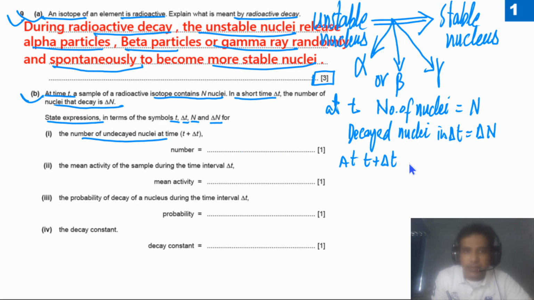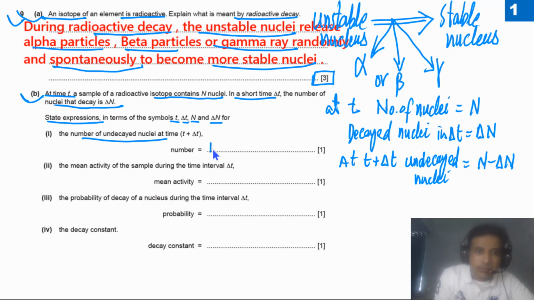We need to find out undecayed nuclei. So this is simply N minus delta N. Because delta N has been decayed and initially we have N, so N minus delta N. This is number of undecayed nuclei.